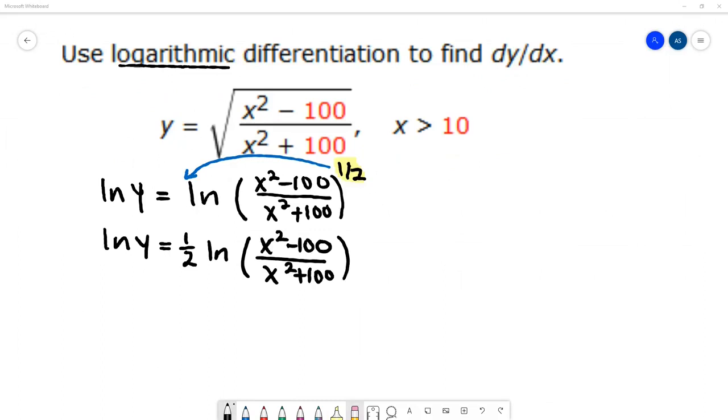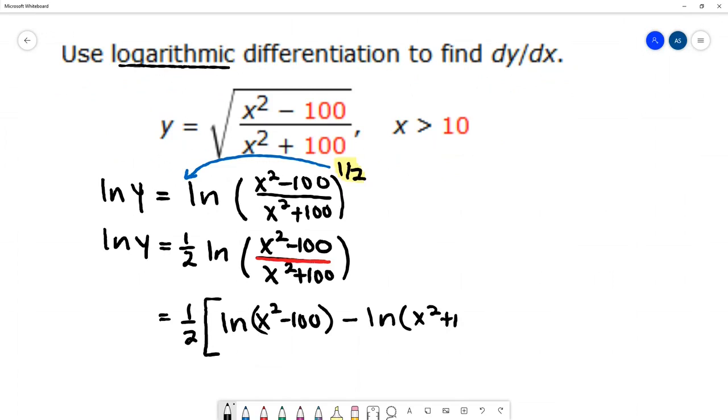Okay, so the next property that we're going to use is called the quotient rule for logarithms. I'm going to use that property because I have a quotient inside the log. So the quotient rule allows us to expand the logarithm into log of the numerator minus log of the denominator. So this will give us natural log of x squared minus 100 minus natural log of x squared plus 100.